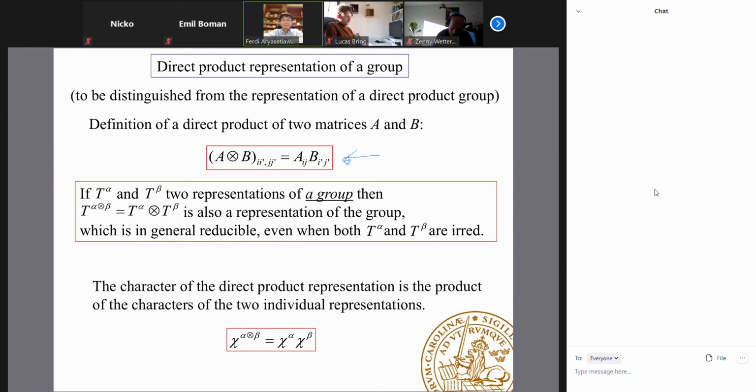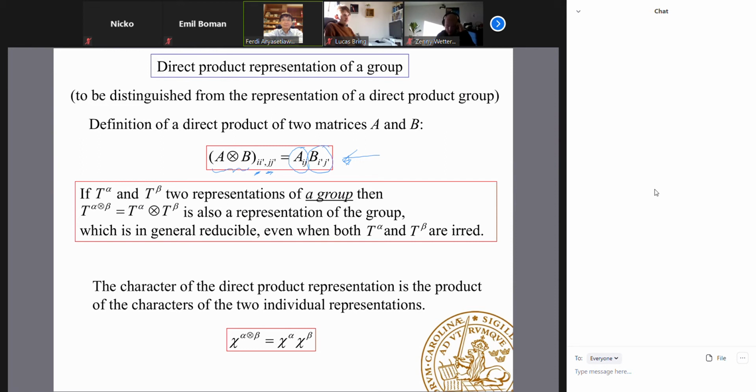We simply multiply the matrix elements of the two matrices. We take matrix elements A_ij and multiply them by the matrix elements of the B matrix, B_i'j'. That defines a new matrix, which we call A cross B. We label the row and the column with a combined index: ii' for the row and jj' for the column.